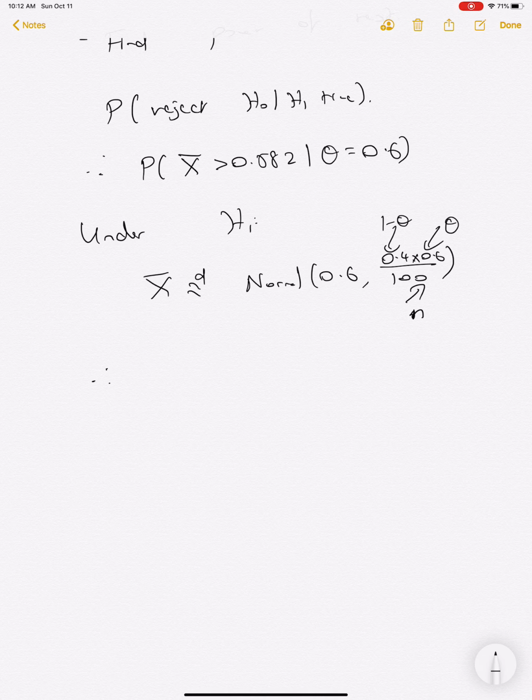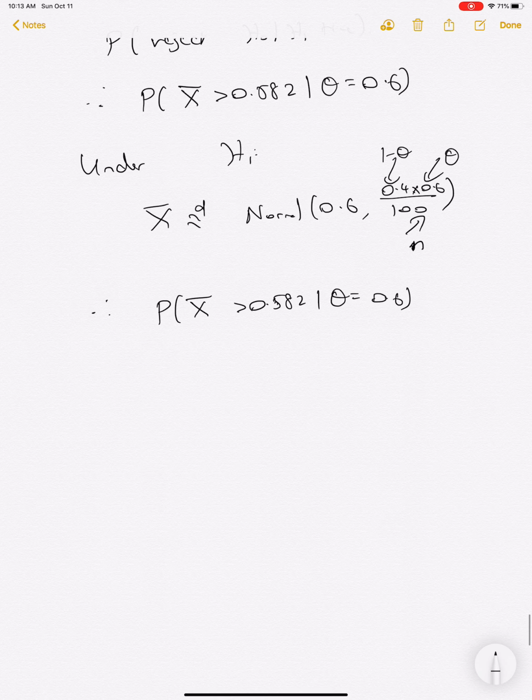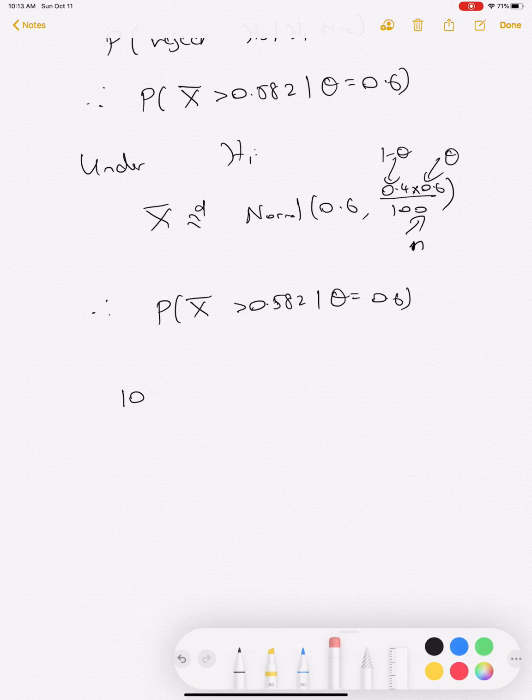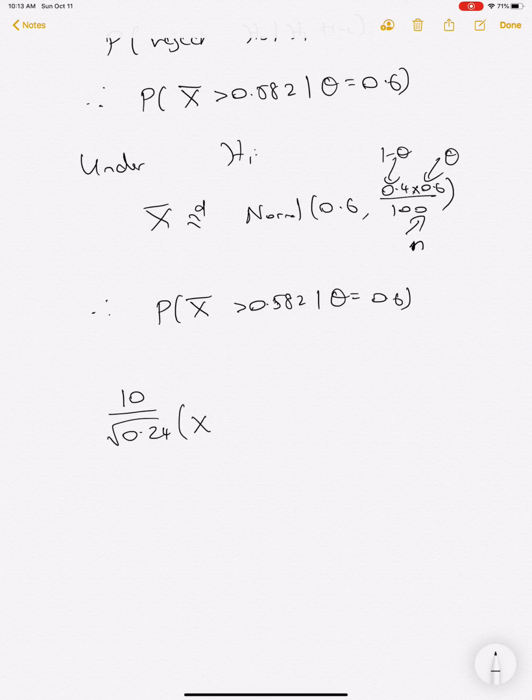Therefore, if we wanted to calculate the probability that x bar is bigger than 0.582 given theta equals 0.6, we do the standard normal types of things. 10 divided by the square root of 0.24 times x bar minus 0.6 is going to be normal(0,1) under H1.